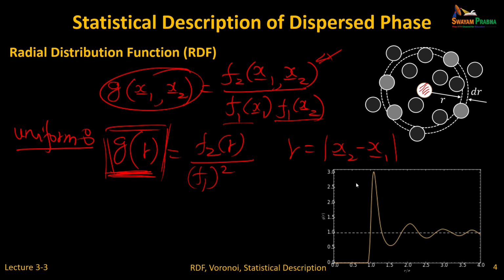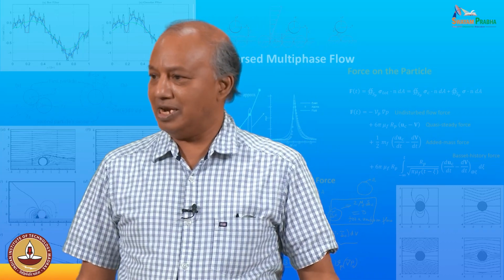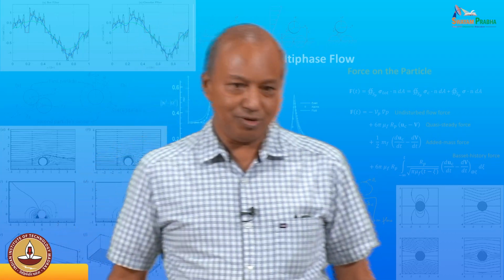I have a 15% probability of somebody being very close to me. So that means the collision rate is going to be 3 times larger. Okay. So this happens because of the finite size and finite volume fraction, and people do plot these radial distribution functions. So for particle-particle interaction statistics, you have to think in terms of the radial distribution function. It's a very useful quantity.